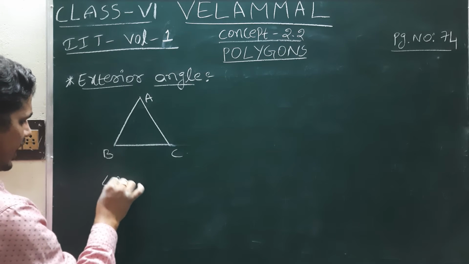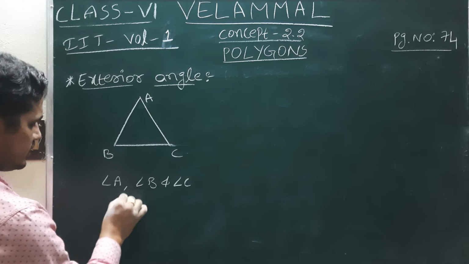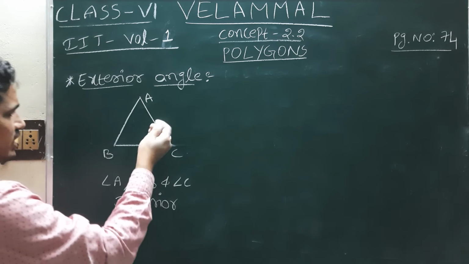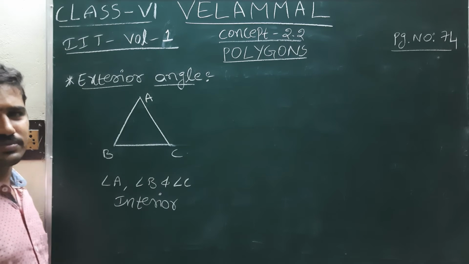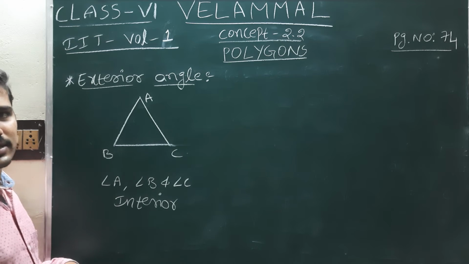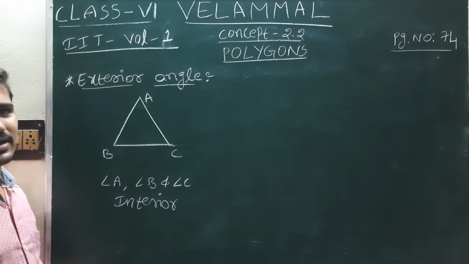Here we can say angle A, angle B and angle C are called the interior angles. The angles which are inside the bounded area are called the interior angles. Now every polygon will have exterior angles.